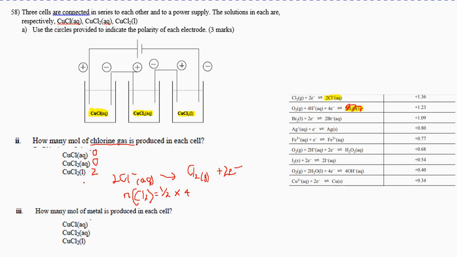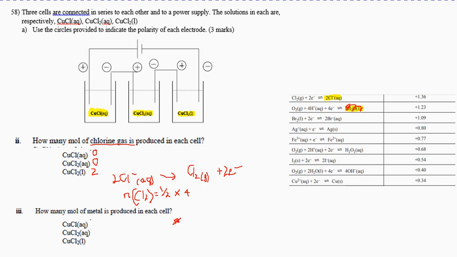The last part of the question tells us how many moles of metal is produced in each cell. So we're trying to work out, we've got our copper. This is our cation that's being deposited onto the cathode. So it's going to be the same equation. Here we can tell this is copper 1 chloride because chloride is an anion with a 1 negative charge.